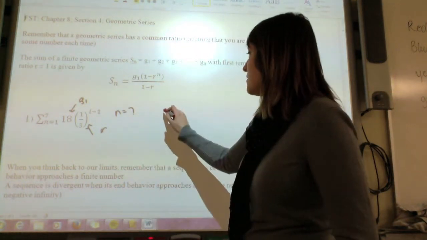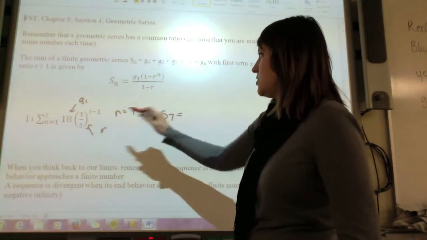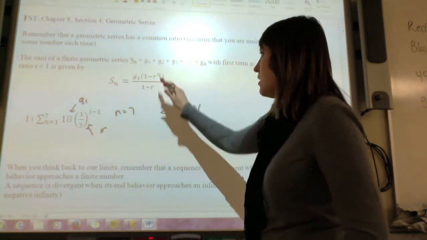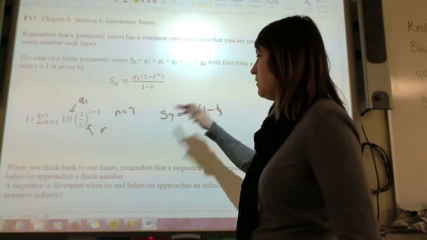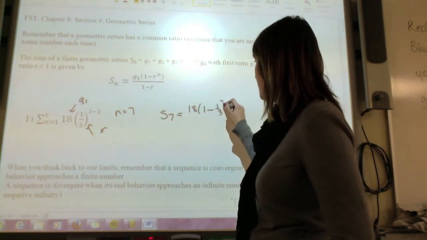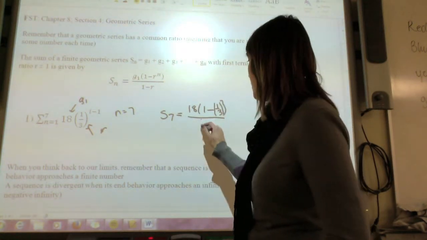So if I plug that into this formula here, I have S sub 7 equals, my g sub 1 is 18, times 1 minus 1/3 to the 7th, over 1 minus 1/3.